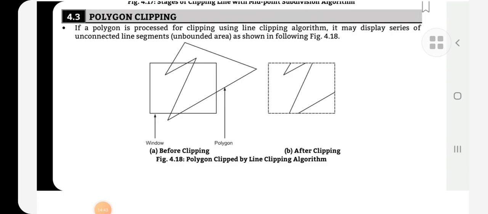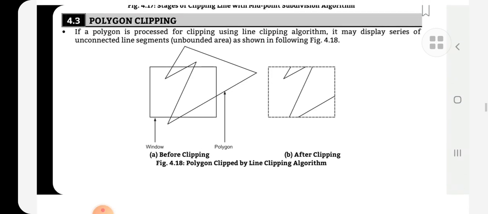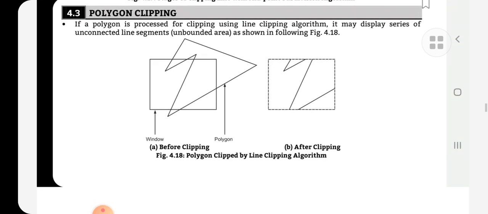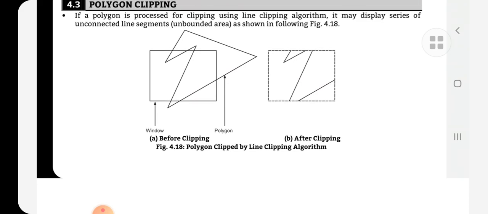If a polygon is processed for clipping using line clipping algorithms, it may display a series of unconnected line segments, unbounded areas, as shown in the figure.